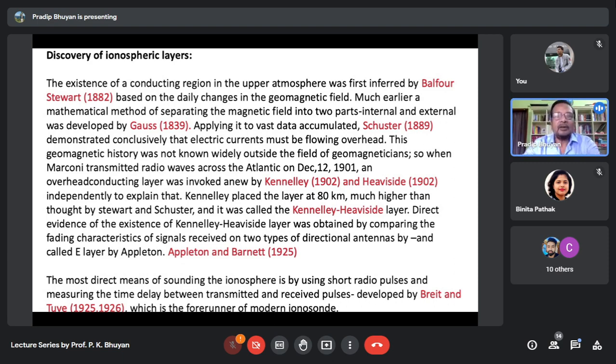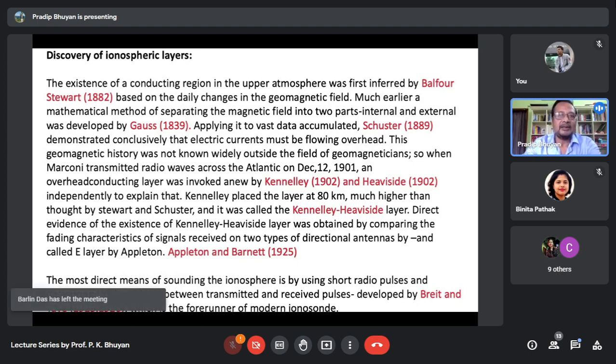So this is 1925, 1926, and that is the first experiment of radio sounding, the forerunner of all modern ionosondes. The ionosonde which we have in our laboratory also works on the same principle.